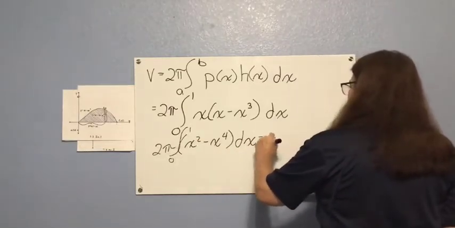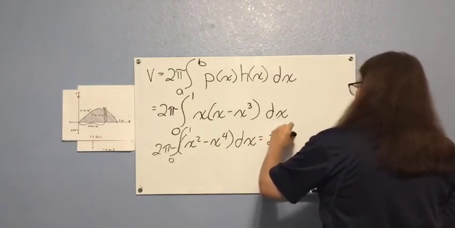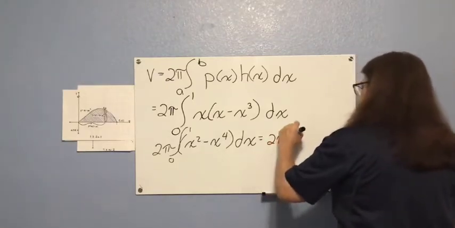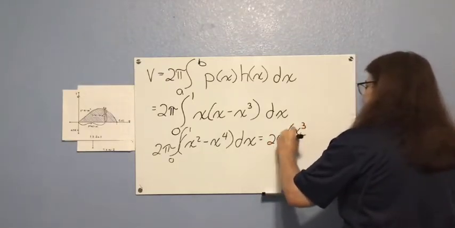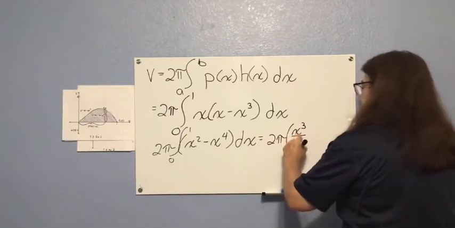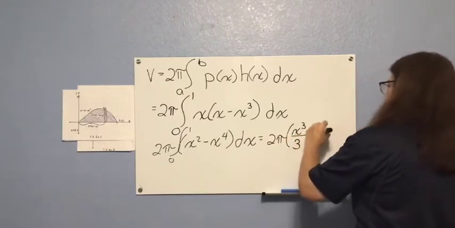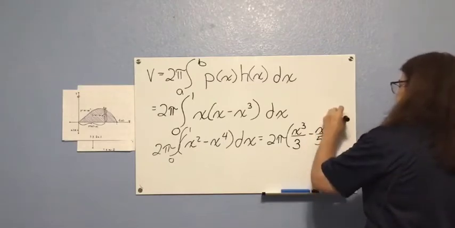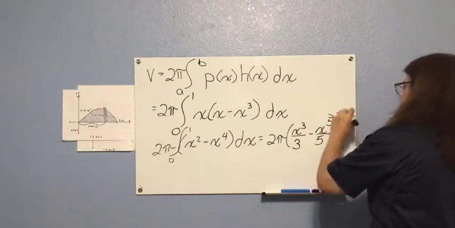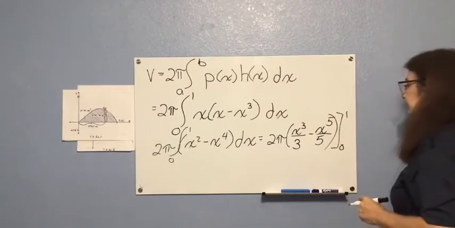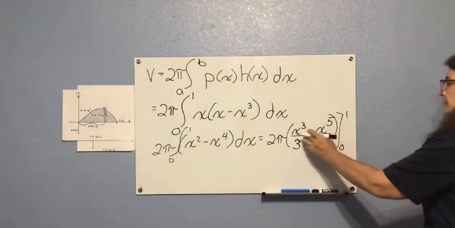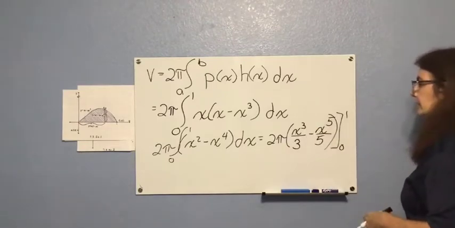Now we can integrate, which gives us 2 pi times x cubed over 3 minus x to the 5th over 5 evaluated from 0 to 1. I can see right away that the 0 is going to make all of that 0, so I don't need to do that part.